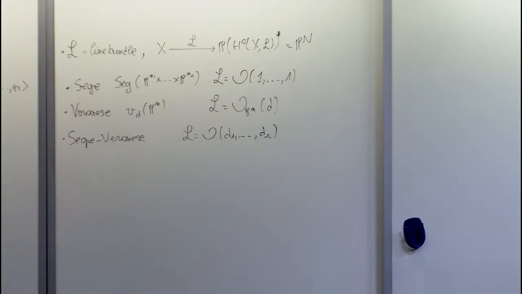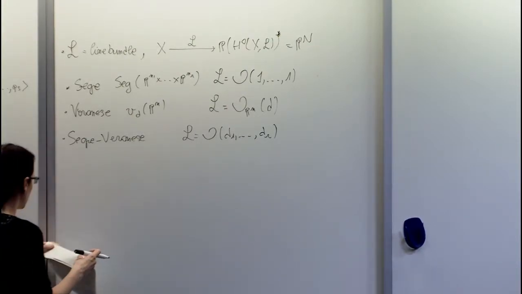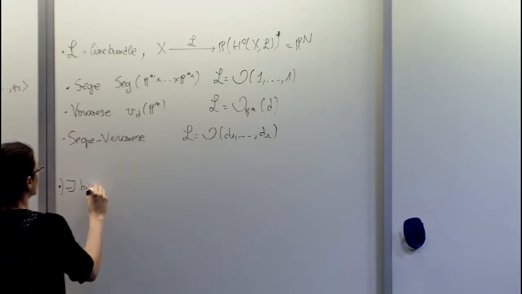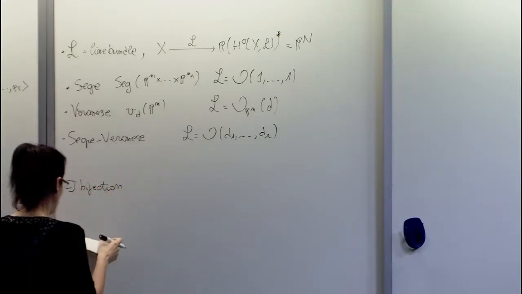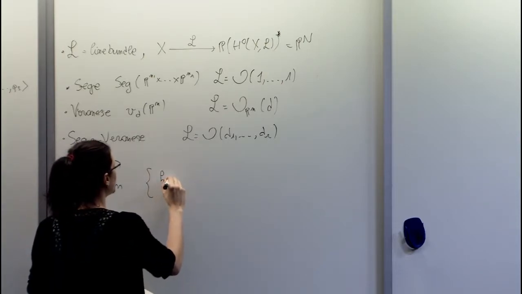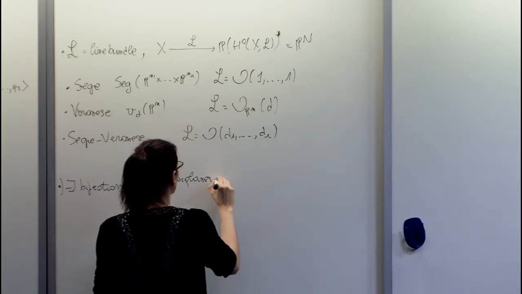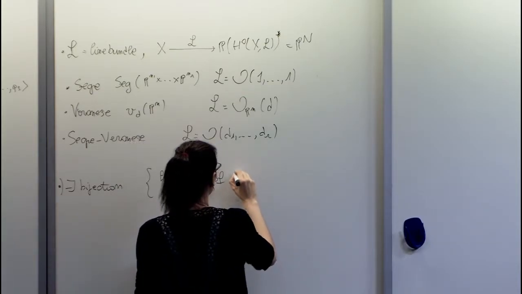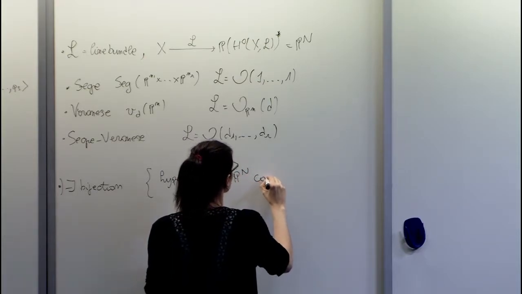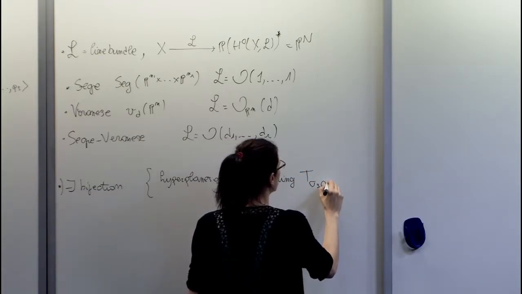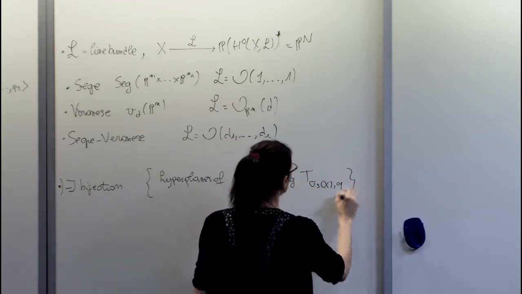Okay, so having said so, when I have this line bundle, now I want to understand how to relate it to the dimensionality problem for secant varieties. So the point is that there exists a bijection between the hyperplanes of Pn containing the tangent space to the secant variety at the given point.